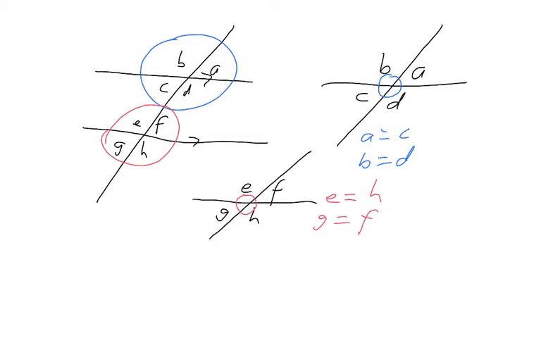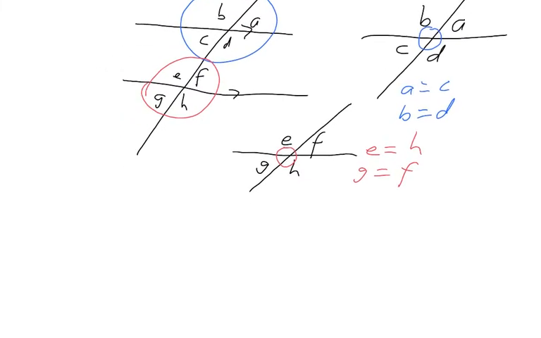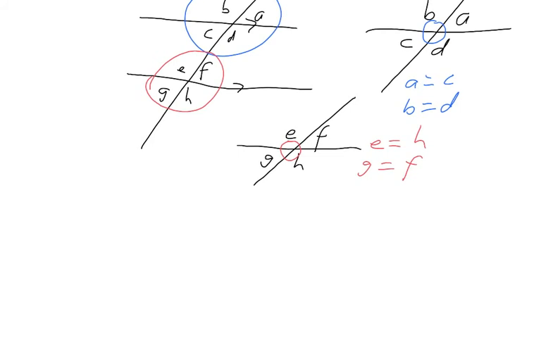So knowing we've got that information, we'll come up here and redraw. So we've got parallel lines, with a line going through.